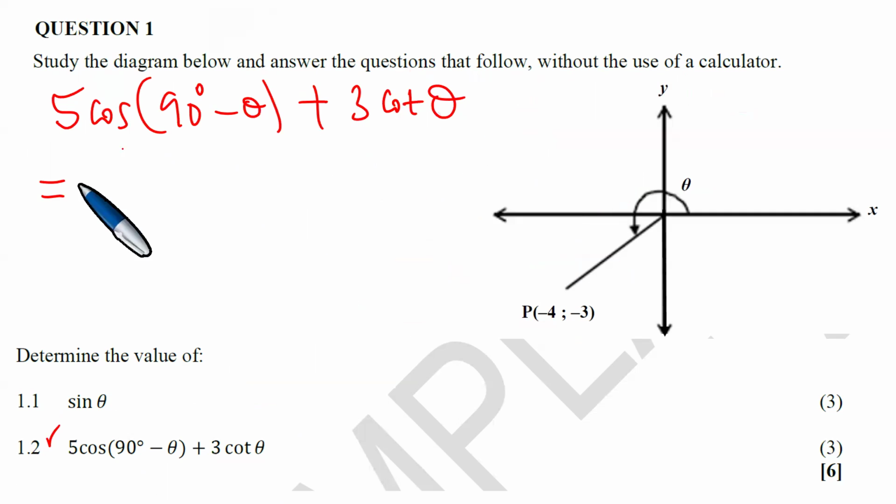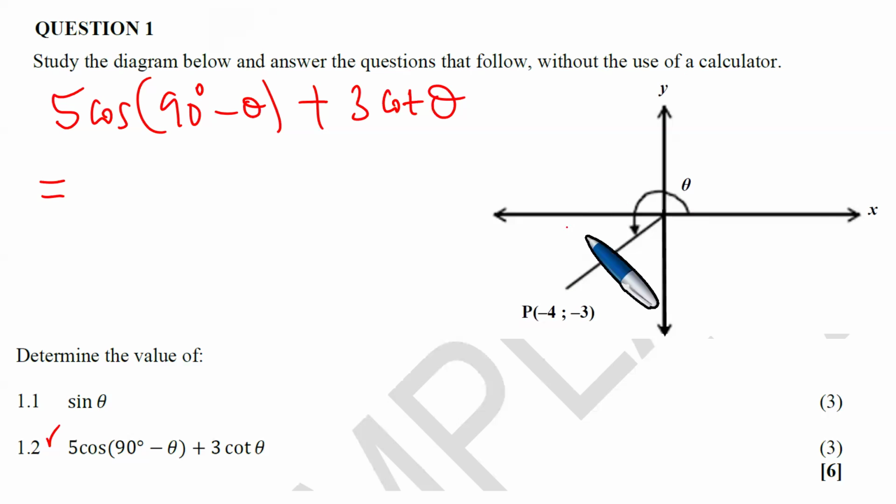What is the cosine of 90 degrees minus theta? So you think about this one and think about what this is supposed to mean. If you have 90 degrees minus theta, what does it become?